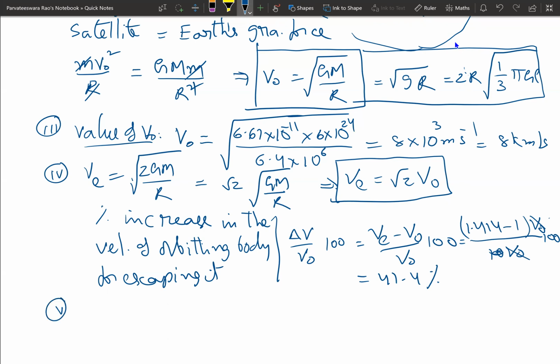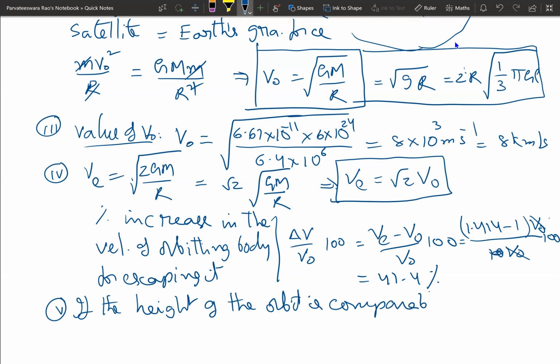Next, if the height of the orbit is comparable, then V naught will be equal to root of GM by r plus h.